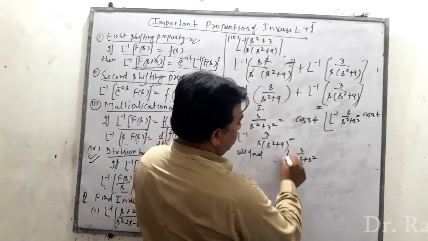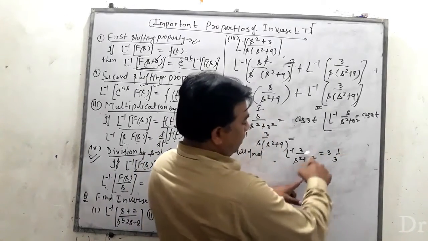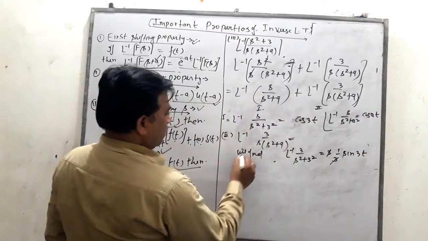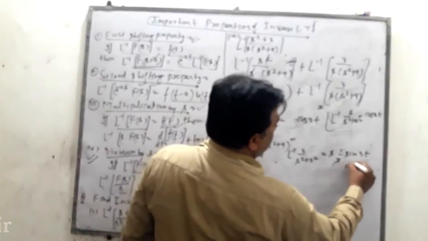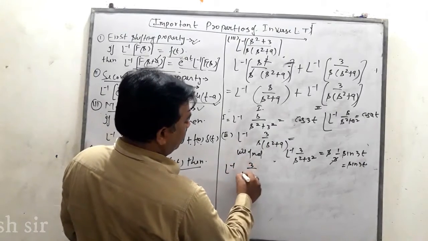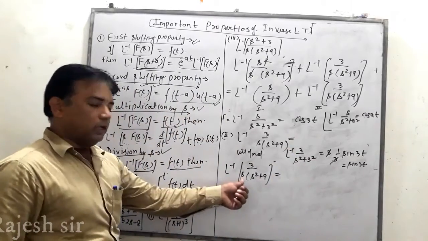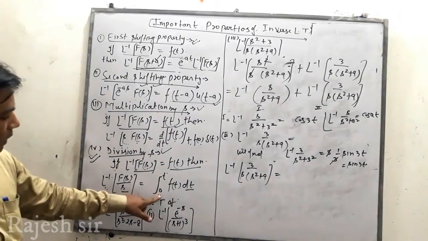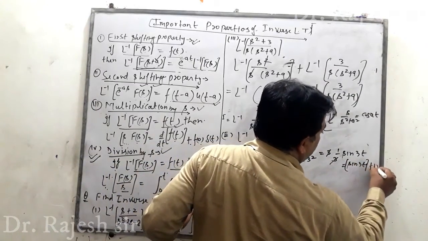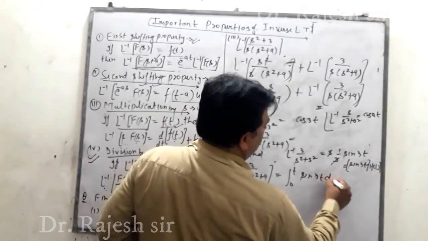L inverse of this function 3 upon s square plus 3 square is 3 times 1 upon a sin 3t, it means sin of 3t. Then L inverse of 3 upon s times s square plus 9 equals the integral from 0 to t of f(t), where f(t) is sin of 3t, dt.